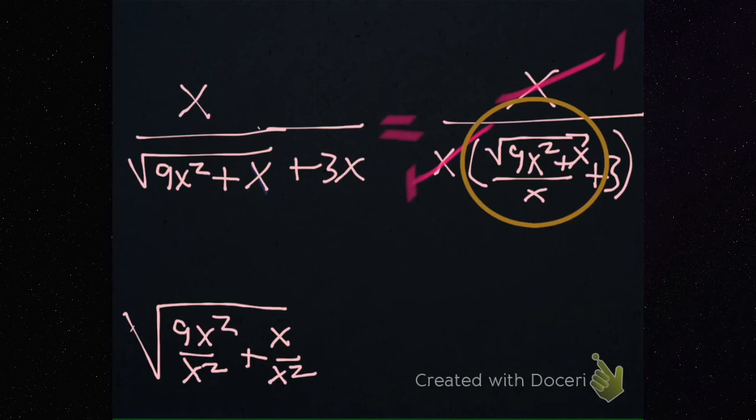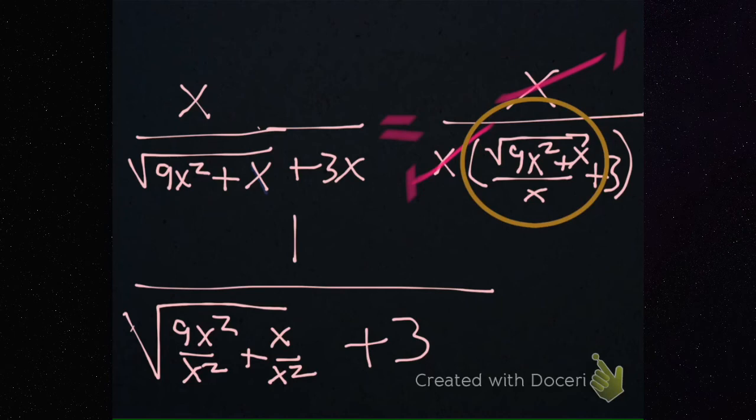I put that x inside the radicand. That's why I had to make it x squared. The square root of x squared is just going to be x. But I snuck it in under both of those terms. And then I'm still going to have the rest of this. So that was the thing you were focusing on. I put that x inside the root. Trickery. That's 1 over this plus 3.